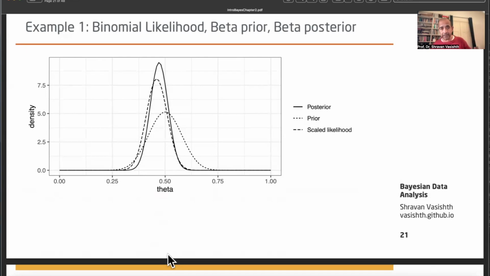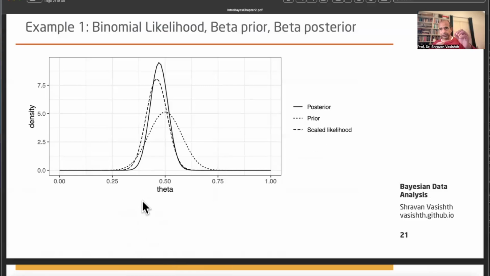The area under the curve doesn't sum up to one. But I wanted to draw three proper probability density functions, so I scaled the likelihood such that it becomes a probability density function so that I can plot it alongside the prior and the posterior. Okay? So that's why it's called a scaled likelihood.